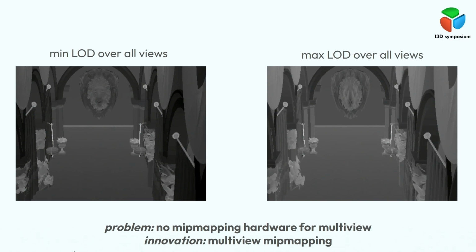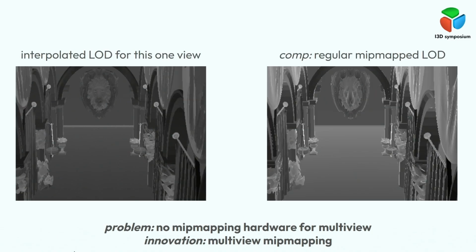So that becomes basic input for more specific point-by-point LOD determination based on the particular configuration of each view. We interpolate between those minima and maxima, figure out what the right color from the texture is based on that interpolated LOD, and then render.